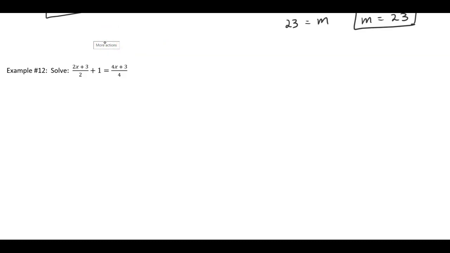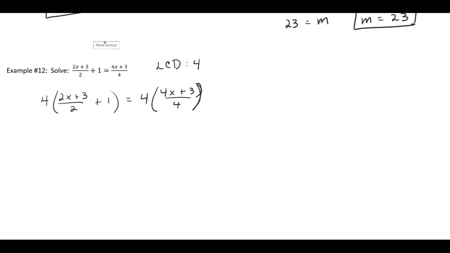So I see denominators. I see that the LCD is going to be 4. That would be the least common denominator for the denominators that I see. Now when I multiply both sides by 4, it's going to look like this. Oh, that parenthesis should be big.